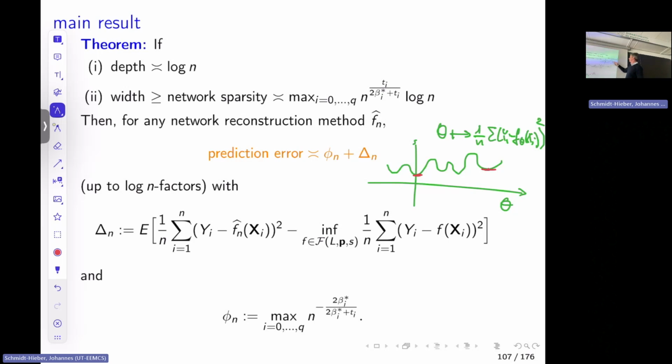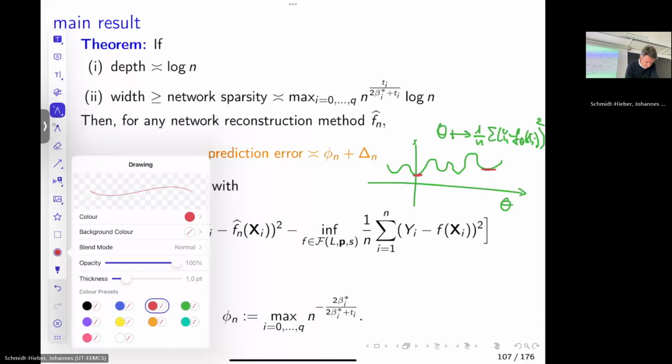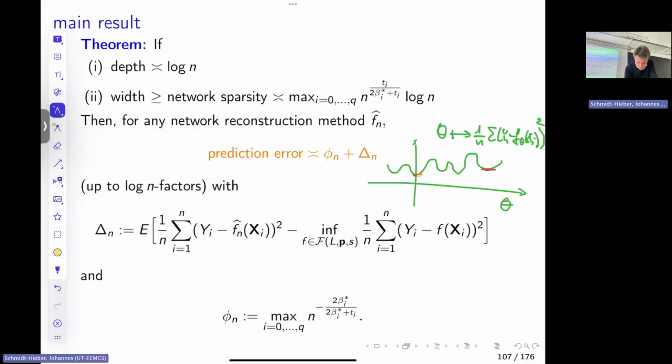You maybe start with your gradient descent somewhere here, and then gradient descent will bring you down in this valley to this point over here. So it's a local minimum. Now, what the delta_n measures is the distance between the energy of where you end up and the minimum energy. Okay, so that's the delta_n.